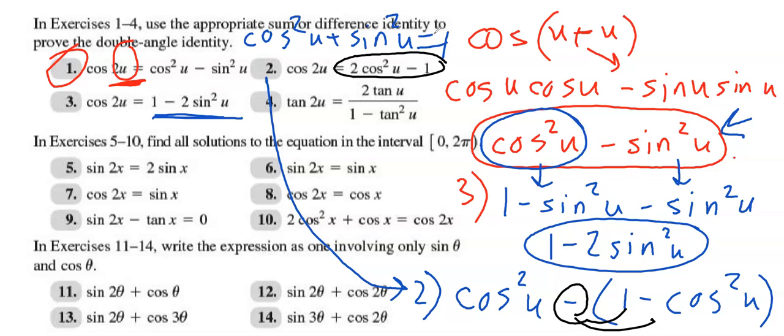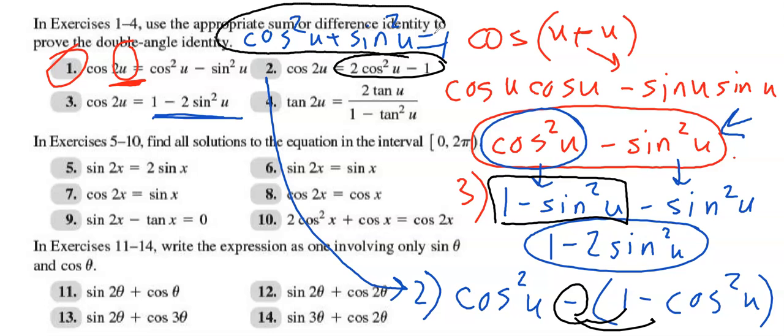Yep. So that's how you got 1 minus 2 sine squared u. Okay, you're wondering how I substituted right here? If you go back to the basic Pythagorean identity that we did way back in section 1, and you solve that equation for cosine squared u, all you would be doing is moving that sine squared to the other side.